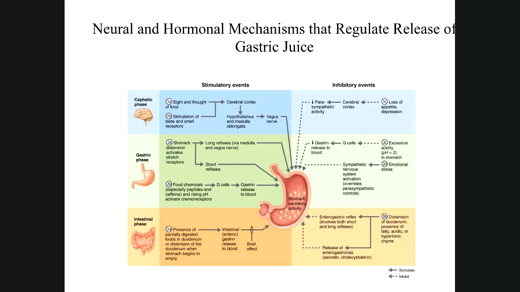It's caused by the distension of the duodenum due to the entry of chyme, the presence of acidic chyme, thick chyme, and hypertonic chyme. This inhibitory event protects the stomach from being overwhelmed by too much chyme or too much acidity.